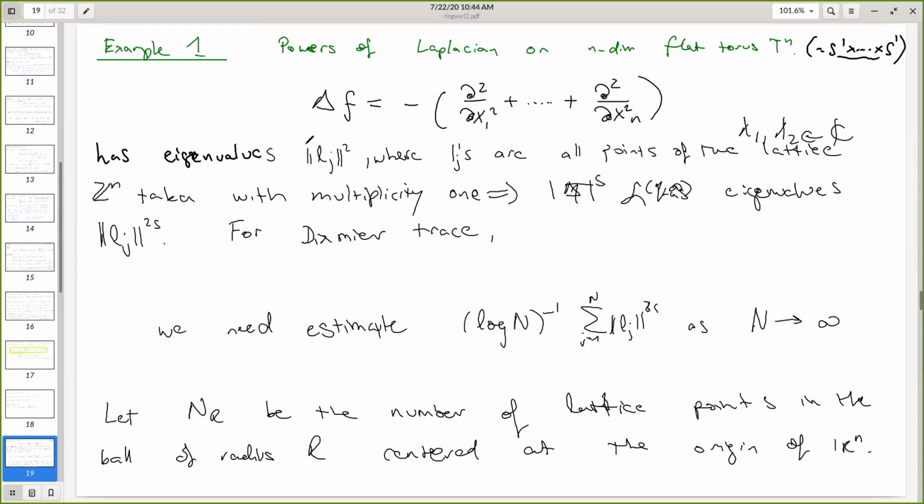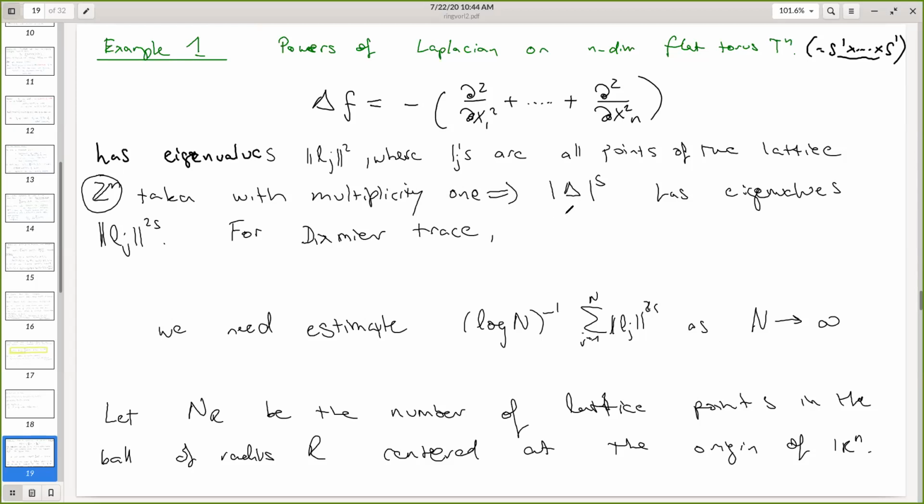That has some eigenvalues; this is just standard torus knowledge. The eigenvalues are |L_j|², the squared norm of L_j, where the L_j's are all points of the lattice Z^n taken with multiplicity 1.